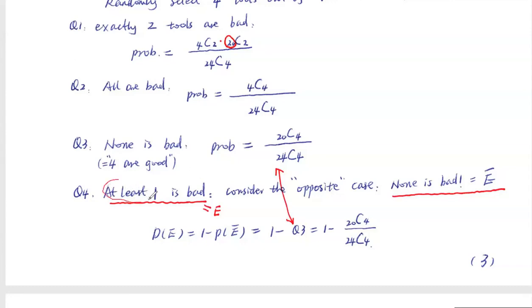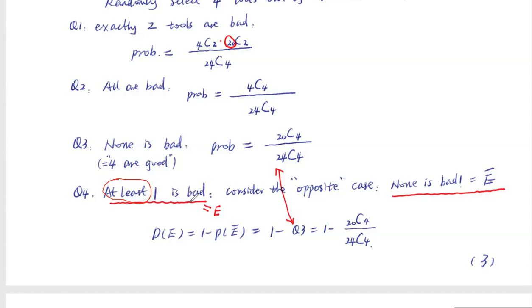When we have these at least questions, whenever we see the keywords at least, that means we should think about the opposite event, everybody. The opposite statement. So think about what's the opposite statement to this sentence: at least one tool is bad. What's the opposite statement? That means 0 tools are bad. None of the tools is bad.